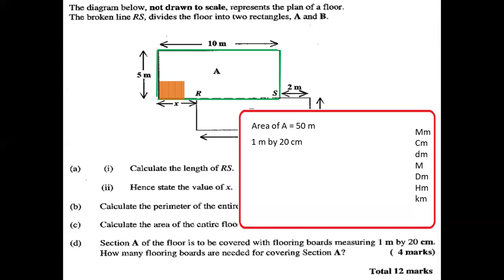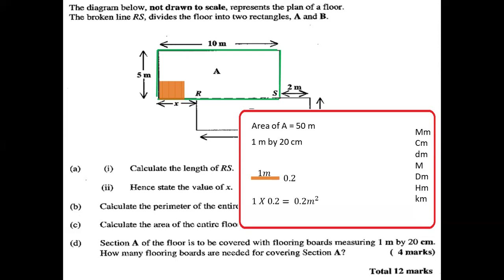So since we're converting from centimeters down to meters, we're going to be dividing by 100. Anytime you want to convert centimeters to meters, we divide by 100. That would make the board 1 meter by 0.2 meters. So the width would be not 20 centimeters, but we're going to be using 0.2, and the length is 1 meter. So we have our units in meters.